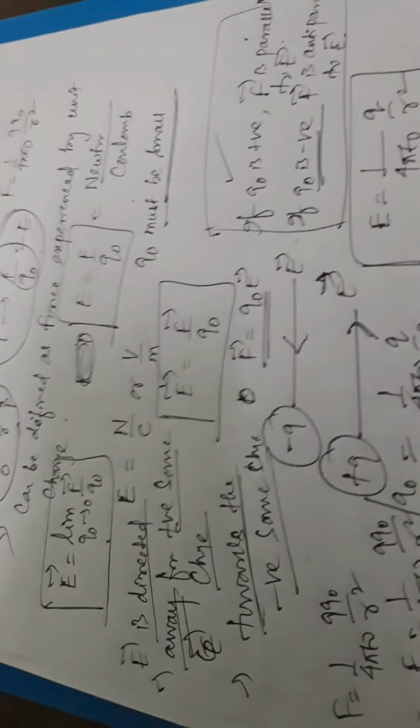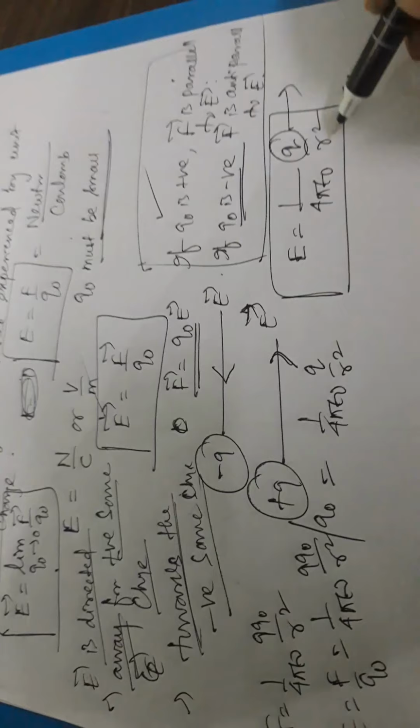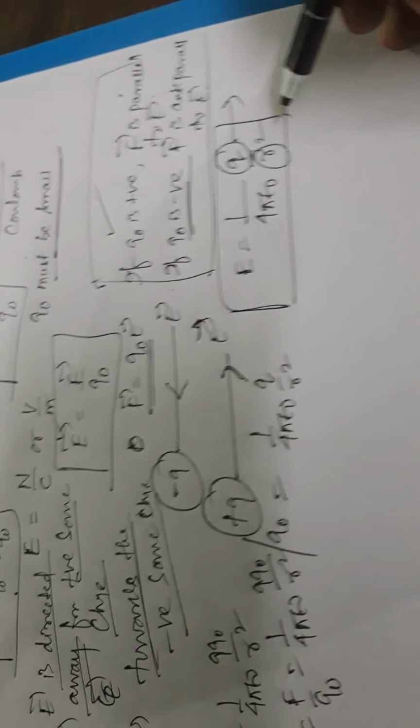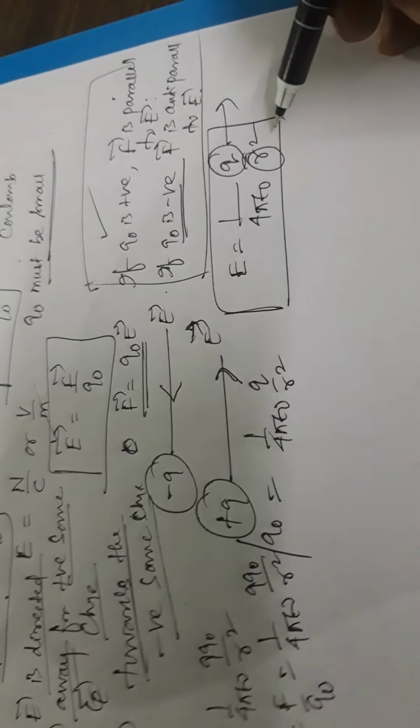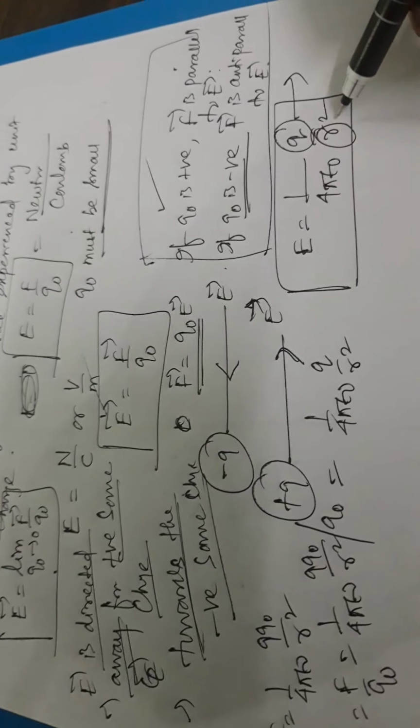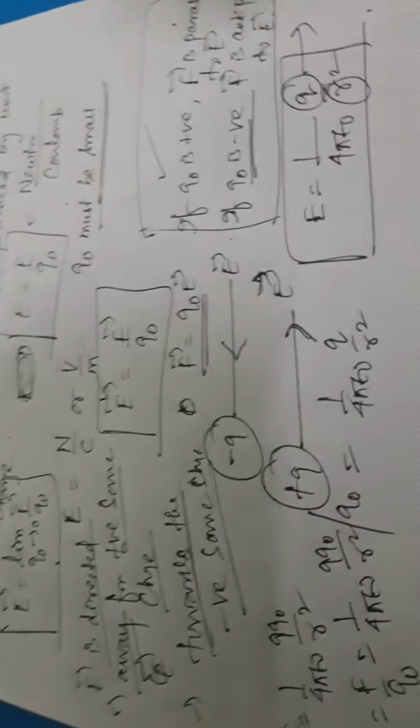Now magnitude of electric field intensity depends upon the source charge and depends upon the distance between the point of observation to the source charge. Let me clear one thing. When you talk about the force, in the expression for the force, this r represents the distance between the two charges.